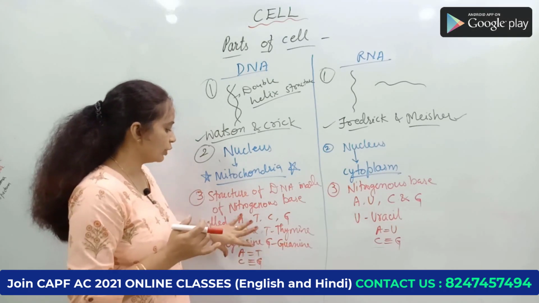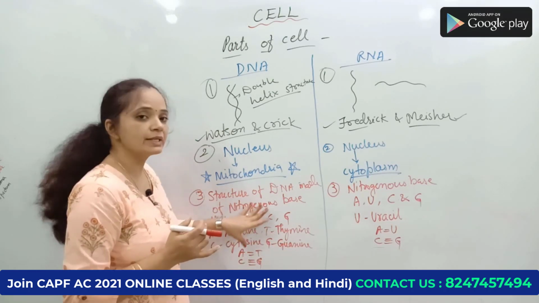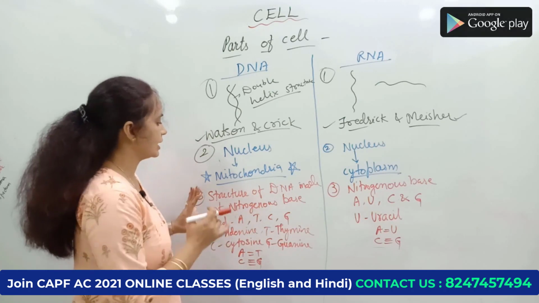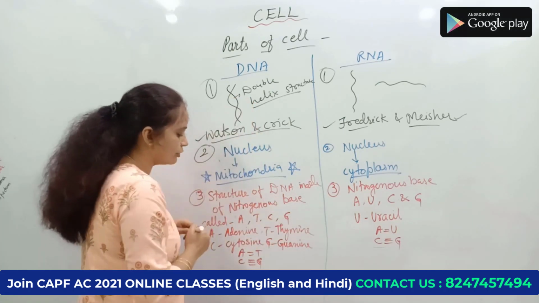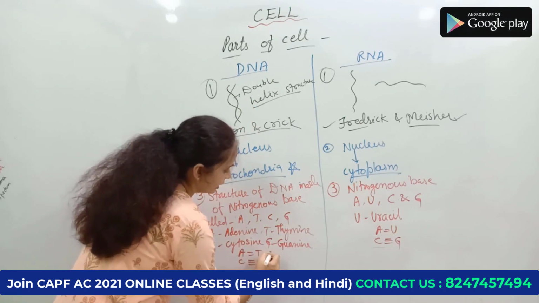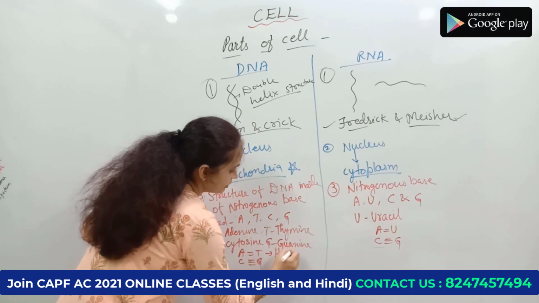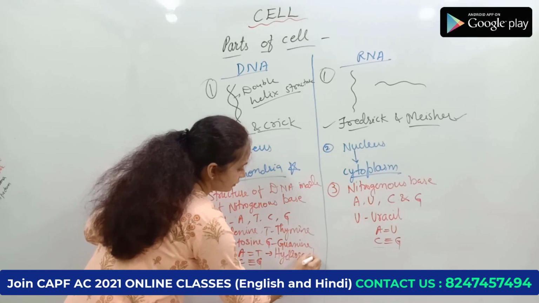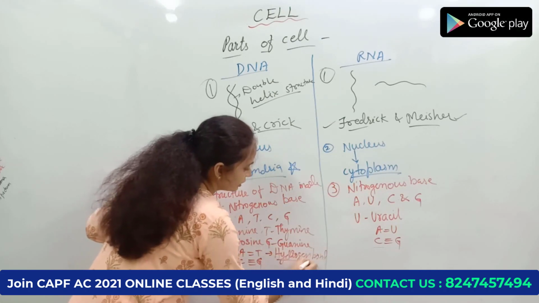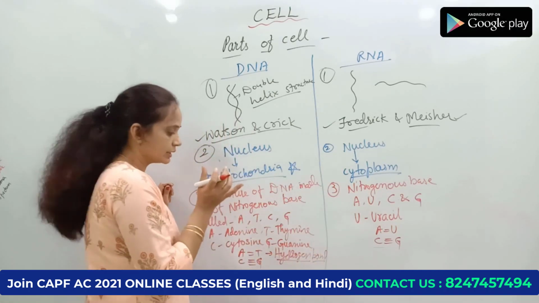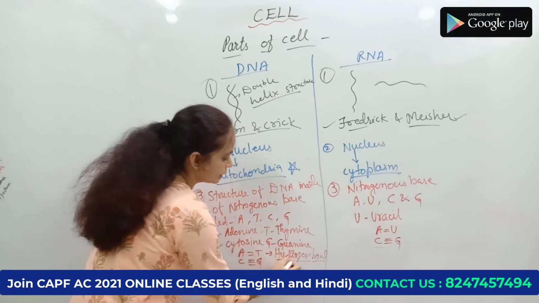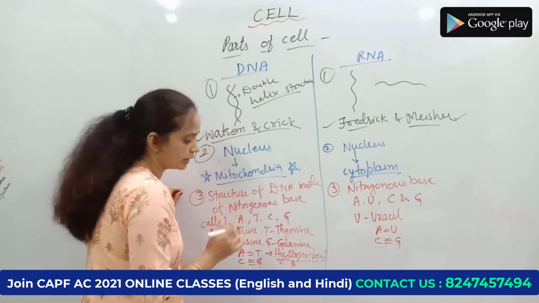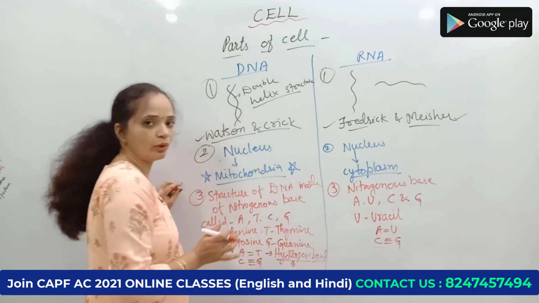These nitrogenous base molecules are present in the structure of DNA and are bound with hydrogen bonds. It's a very important point: the nitrogenous bases are bound with which bond? It is the hydrogen bond.